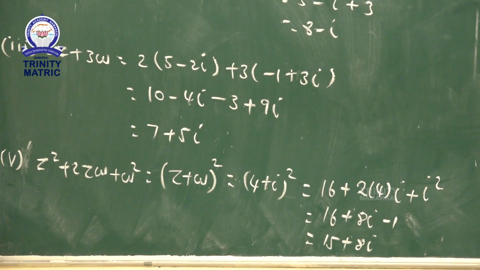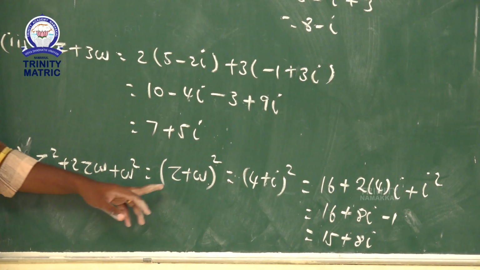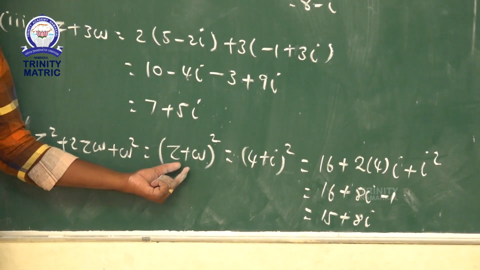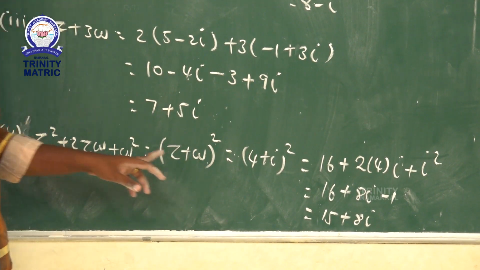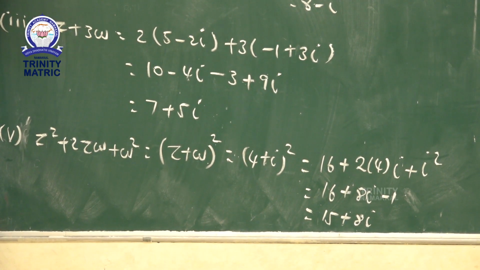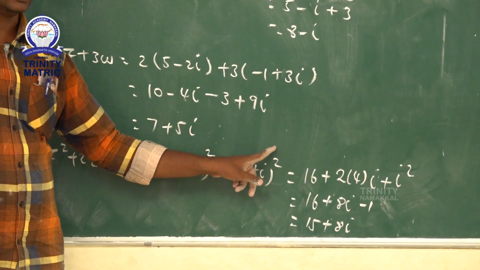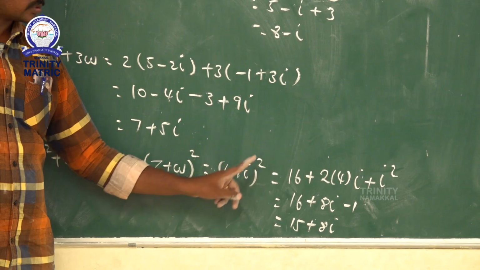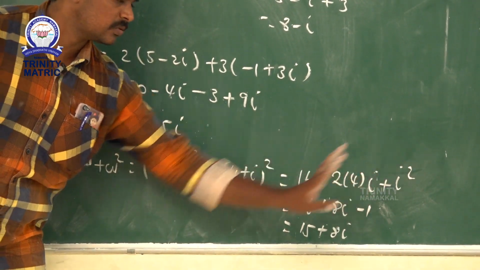Next, the fifth subdivision: z squared plus 2zw plus w squared. That is a squared plus b squared plus 2ab, that is a plus b the whole squared. Same formula, with z and w as the terms. So z plus w the whole squared. The first subdivision answer is 4 plus i, so 4 plus i whole power 2. Using the a plus b whole square formula, 4 squared plus 2ab plus b squared.